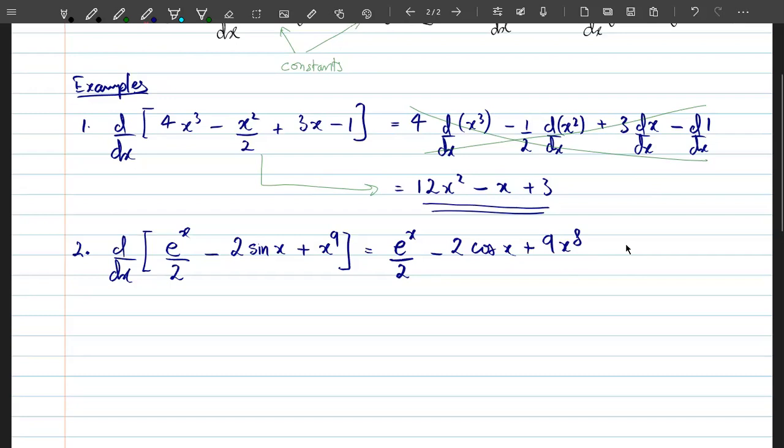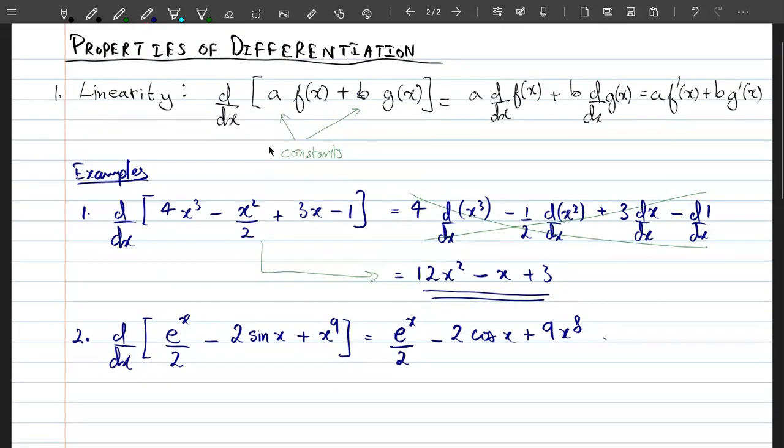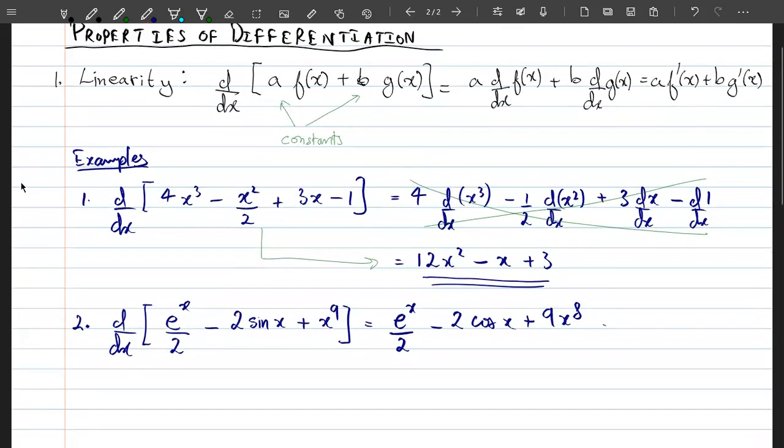So this is how you should write the answer. Okay, so that's linearity. This is obviously a very useful property because we reduced something complicated like this into term-wise differentiation, and if we know how to differentiate each term, we can differentiate this linear combination as well.